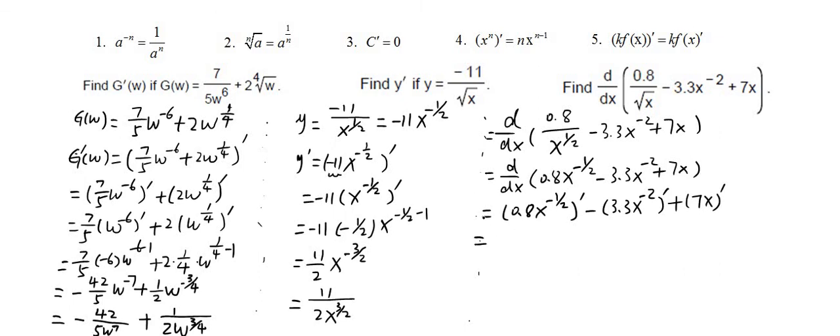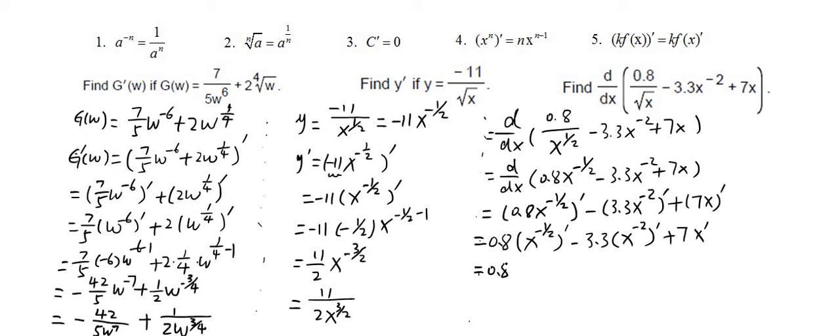Again, we can apply the constant multiple property: we keep the constant the same and do the derivative for the functions. Here we do the derivative for x. Now we can apply the power rule.